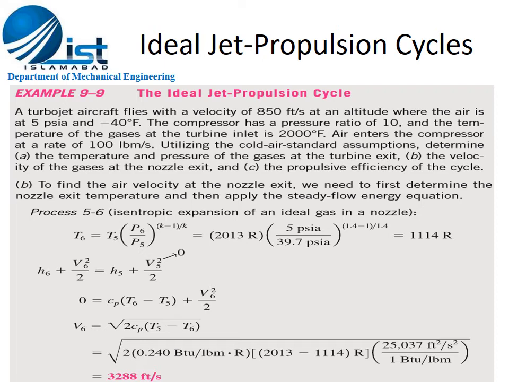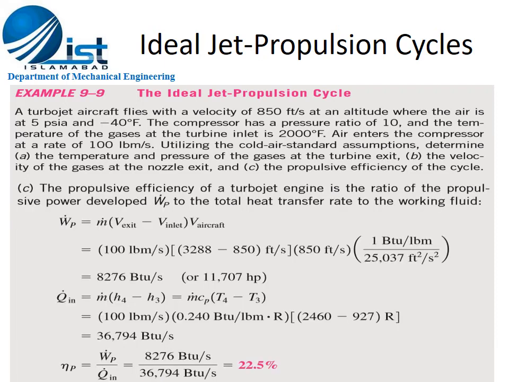Now we have to find number 10, the propulsive efficiency of the cycle. To calculate it, we have a known relation: propulsive power divided by the total heat transfer rate to the working fluid.